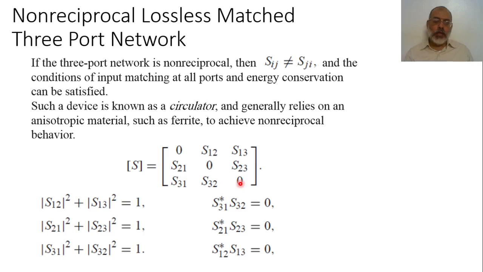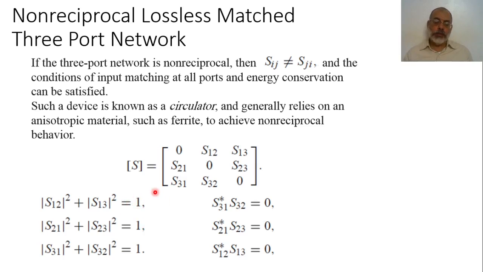Now, by taking the magnitude squared of any column or any row, we say that the magnitude of S12 squared plus S13 squared should equal unity.